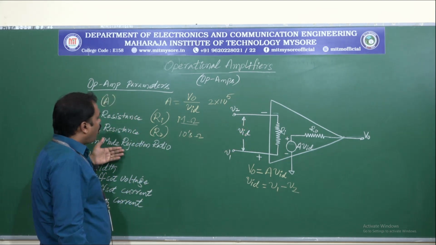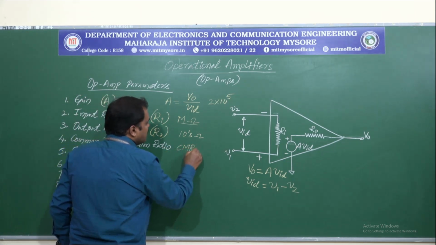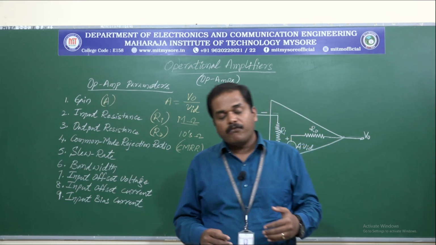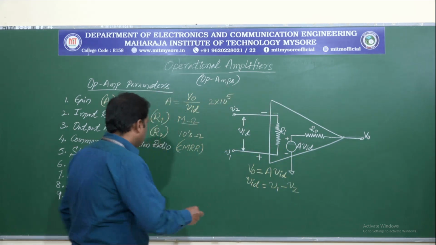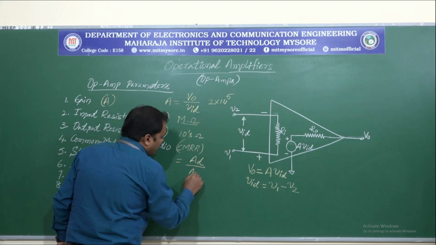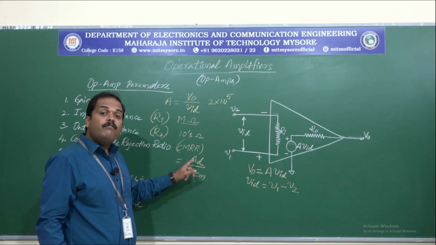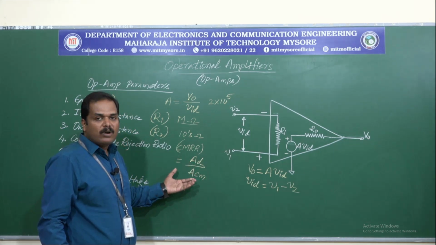And next one is common mode rejection ratio. In short, we will represent this as CMRR, defined as the ratio of differential mode gain to the common mode gain. This is represented as AD by ACM, where AD represents the differential mode gain and ACM represents the common mode gain.